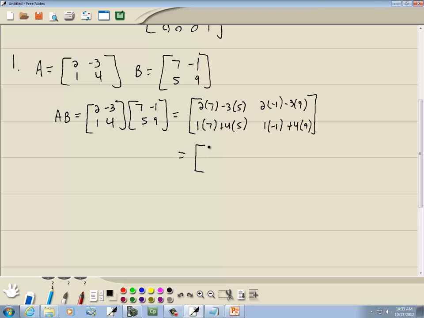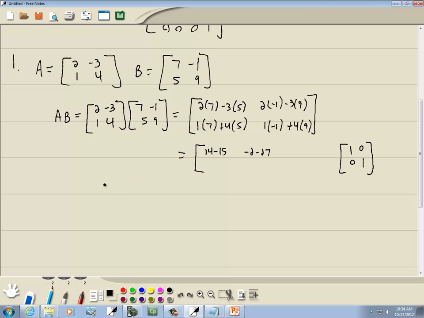Well, this is 14 minus 15. This is negative 2 minus 27. This is obviously not going to give me my identity matrix. Diagonal 1, zeros everywhere else. This is not 0. So I don't even need to go any further.